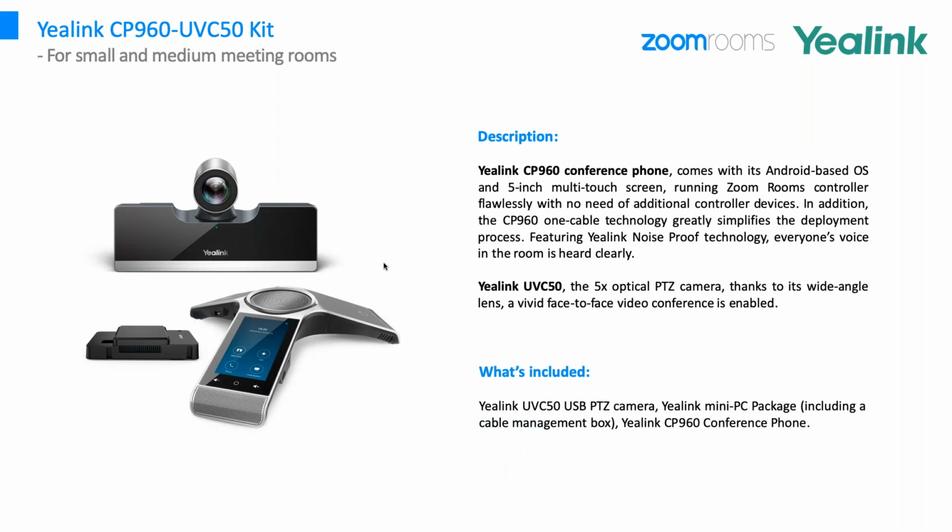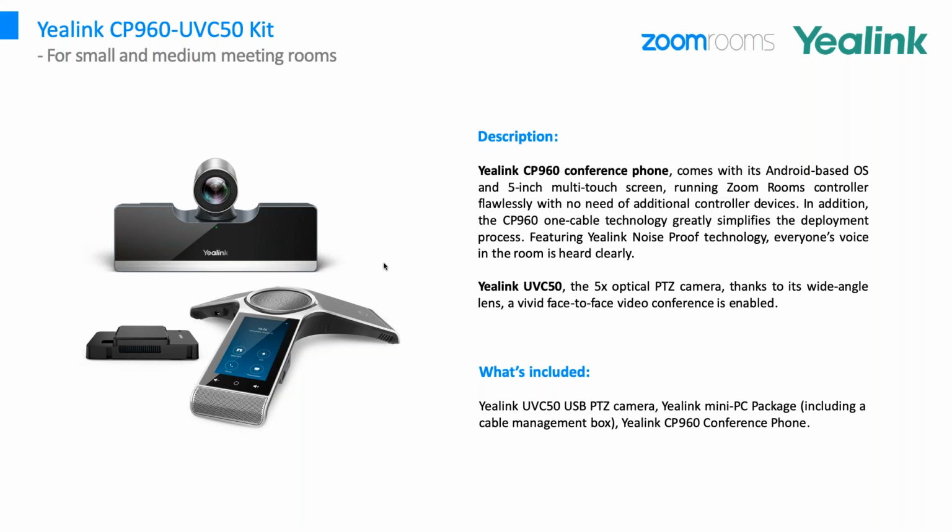For medium to mid-sized room applications, the CP960 and UVC50 kit is probably going to be your best bet. That's based predominantly upon the UVC50's capability. It has a 5x optical lens PTZ camera. It has a wide angle lens as well, so that even in a relatively small or wide, yet not very deep meeting room, you should have the capabilities to pick up a pretty wide area of the meeting space.